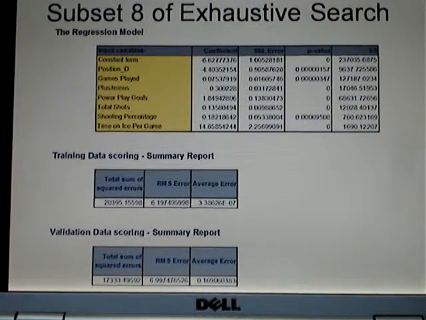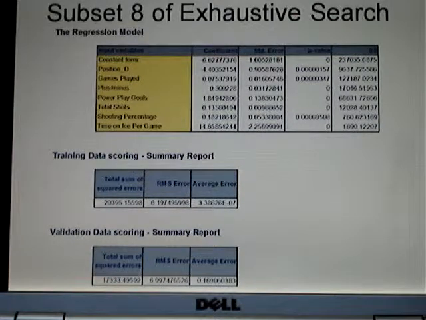And in the bottom, we have the training data scoring and validation data scoring summary report. The root mean square error for training data scoring is 6.2, whereas for the validation set, root mean square is 7 on average.